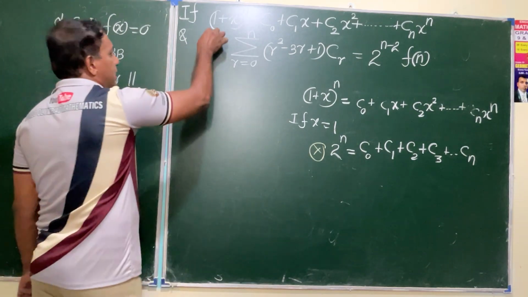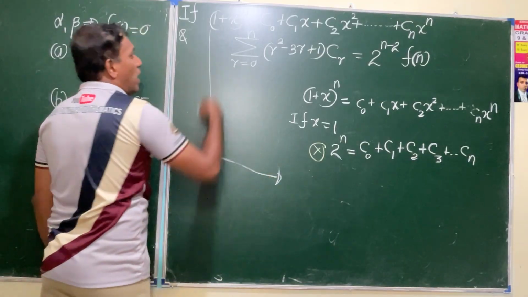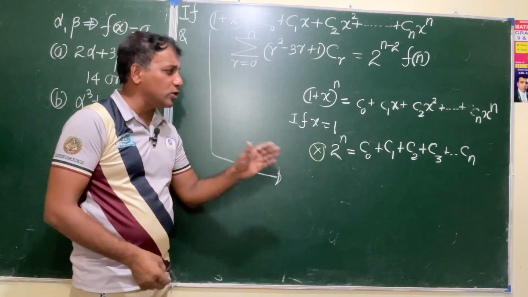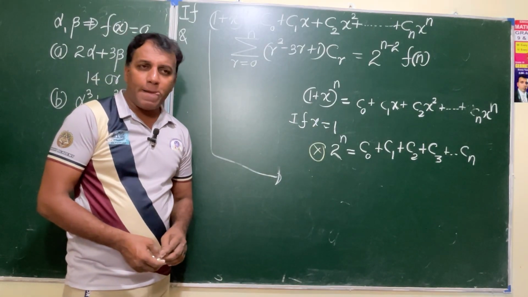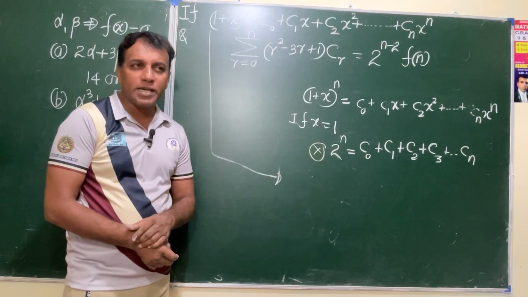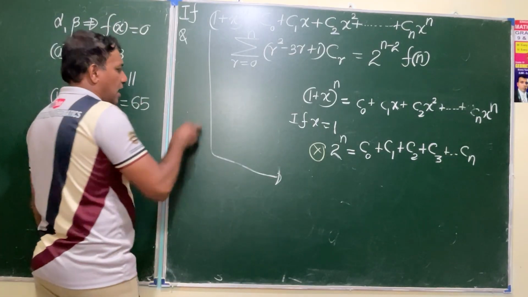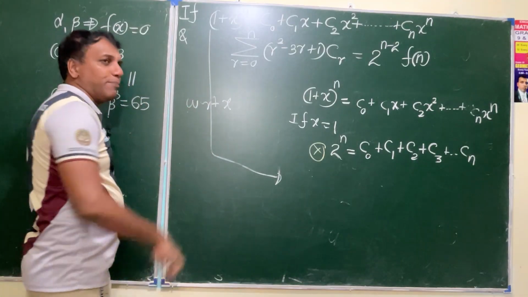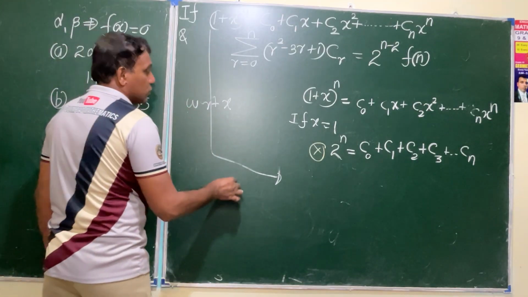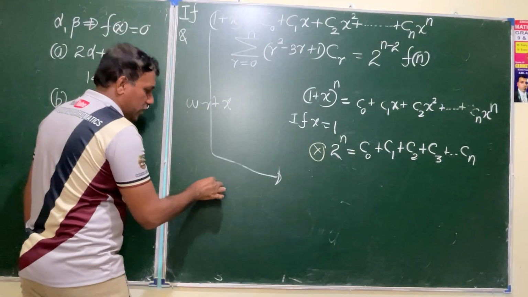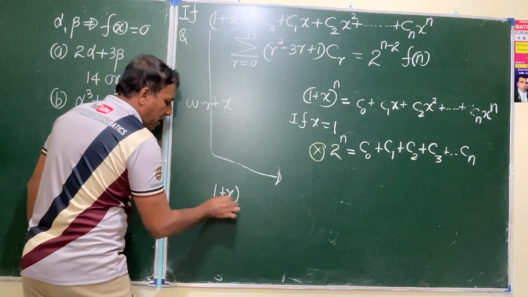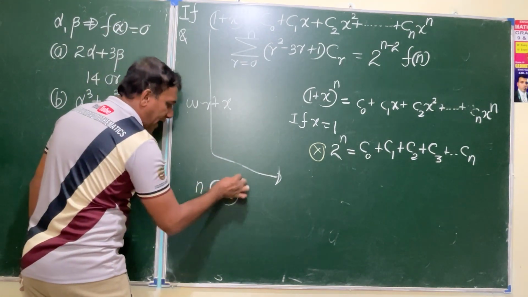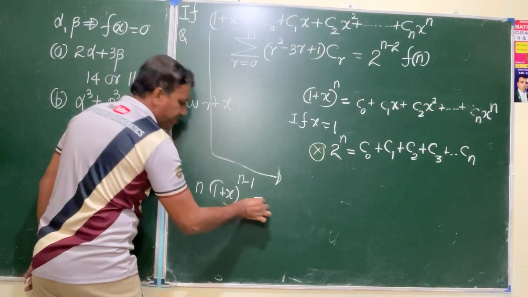Okay, see another format. (1 plus x) to the power n equals C0 plus C1 x plus C2 x squared and so on. Using some calculus knowledge, differentiate both sides with respect to x. I show here the power differentiation of (1 plus x) to the power n: put the power in front and deduct 1 from the power, right?